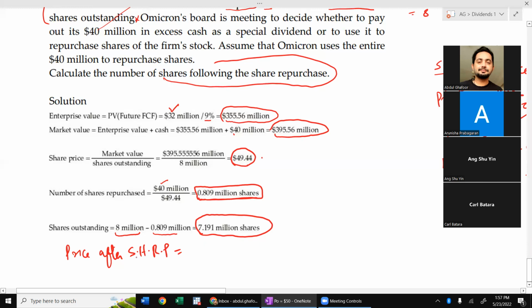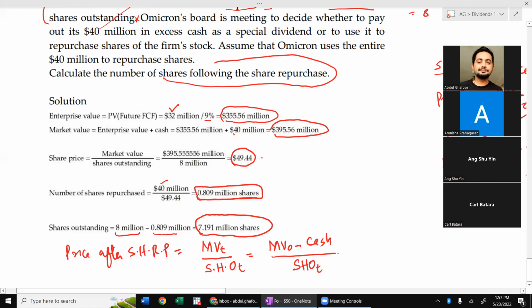The formula of price is always equal to market value divided by shares outstanding. Since it is after, I'm using T. So MV_T is always equal to MV_0 minus cash, divided by shares outstanding after.